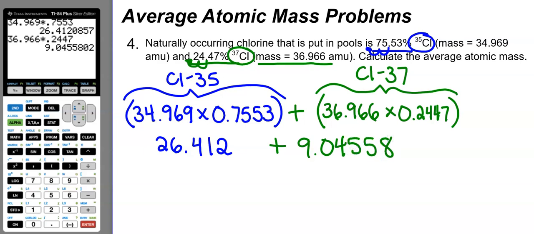But we don't need to write all those digits out because now we're just going to add these two things together to get our final answer. So 26.412 plus 9.04558 is going to give us a final answer. We'll select that one, plus our second value, gives us a final answer of 35.4576.